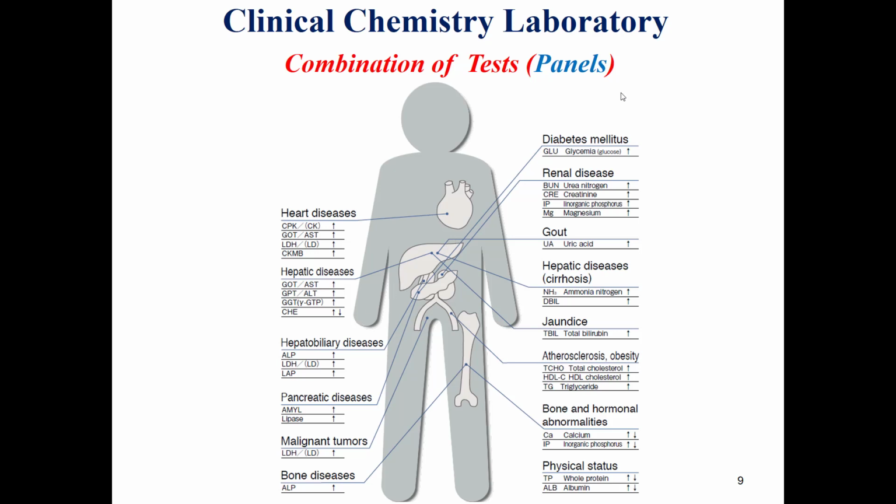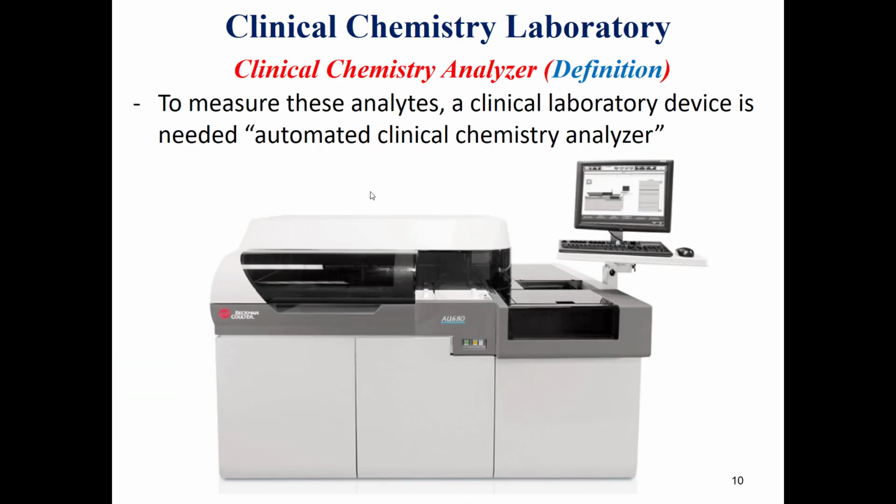So usually a physician will request a panel or a profile, depending on the case or condition of the patient, in order to assess the medical condition of this patient.